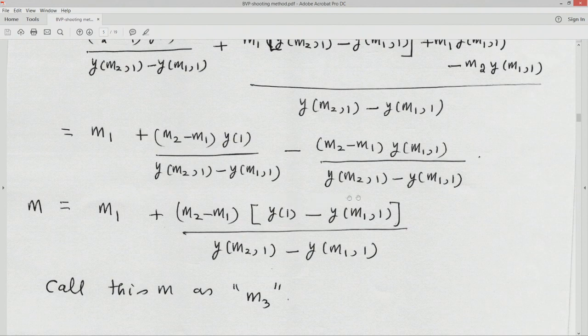We observe that the right hand side terms are all known to us since we have guessed m1 and m2, and we have solved the initial value problems and obtained y of m1, 1 and y of m2, 1. So, the terms are all known to us, and therefore, we can determine what m is, and we call this m as m3.